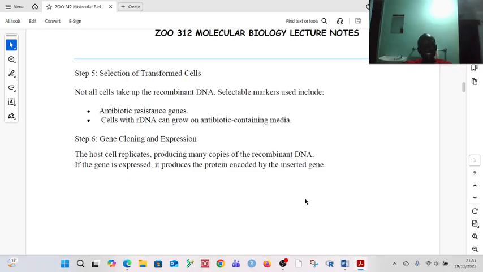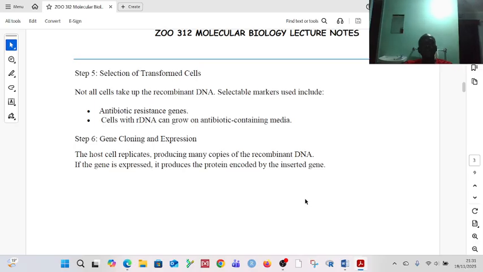The cell that has taken up the vector will also have taken up the gene that makes it to be resistant against the antibiotic. So then that cell will be able to grow in the presence of the antibiotic. Okay.